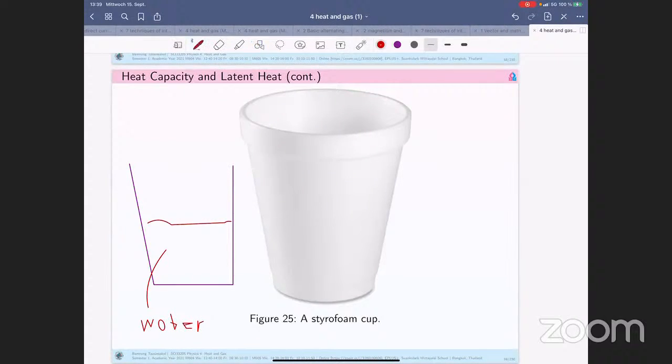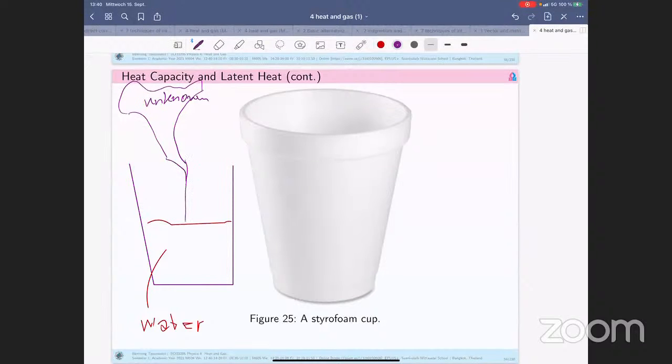Water. All right, and then you pour another substance which is called unknown material. Unknown material, right? And it goes to this, right?